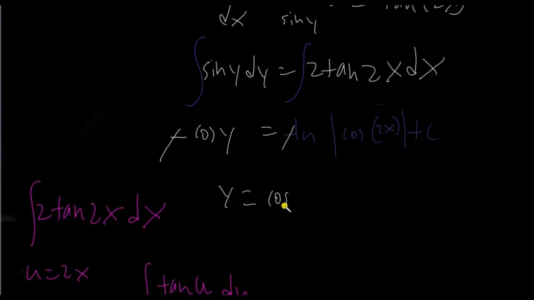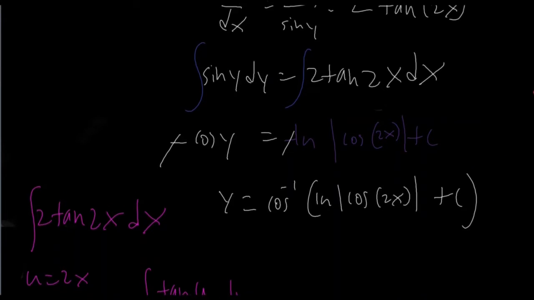So y is the inverse cosine of the natural log of the cosine of 2x plus c. The plus c is going to be inside of the inverse cosine, since we're taking the inverse cosine of the entire side.